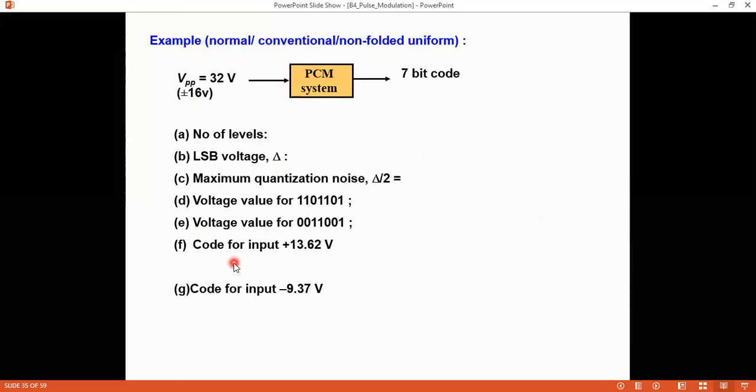And then you're given voltages, and you need to find what the codes are for those voltages. So you have two voltage values, plus 13.62 and minus 9.37. Okay, so let's solve this in our next part. I'll just stop here so it won't be too long on the video.